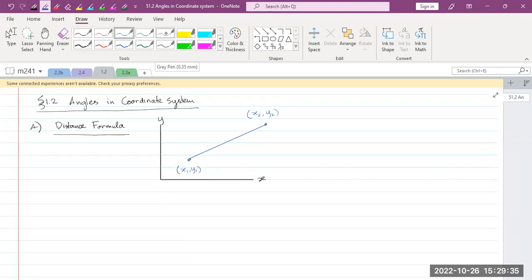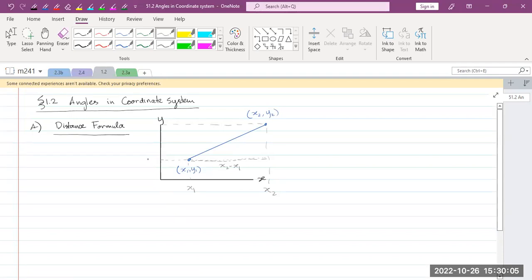But the idea behind what we do is actually the Pythagorean theorem. We try to find the horizontal distance, right? This is x1, this is x2. So the horizontal length here is x2 minus x1, while the change of the height is the change of the y's.